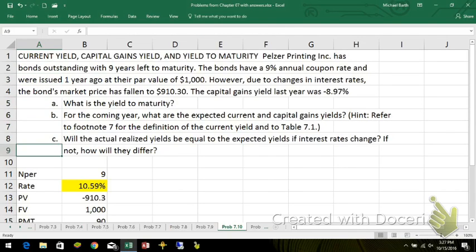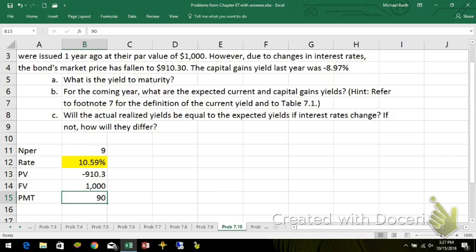Since then, the price of the bond has gone down because interest rates have gone up. So whoever bought these bonds when they were first issued is now saddled with a bond that's only paying 9% a year. New bonds, if a company were issuing a new bond today, would have their coupon rate set around 10.6%.